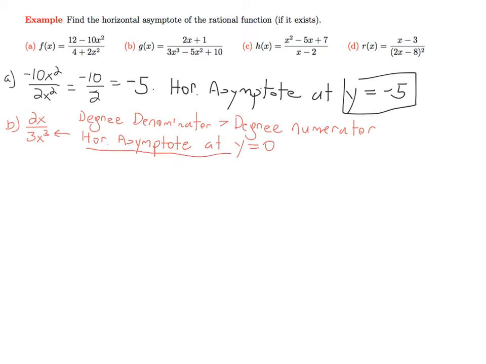In this case, we don't look at the ratio of the leading coefficients. Since the degree down here was bigger, as x gets very large, the value of the rational function is going to go to 0.